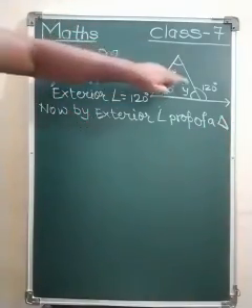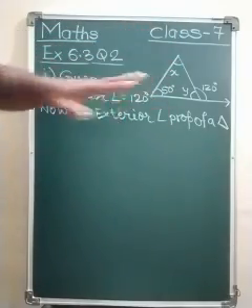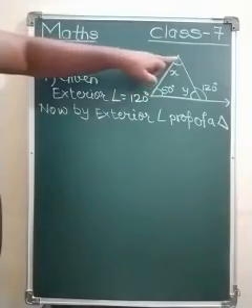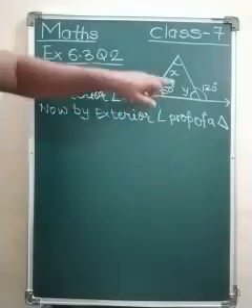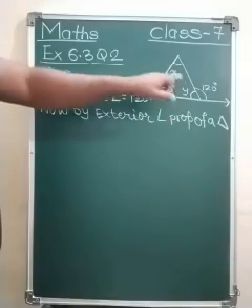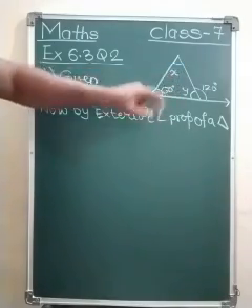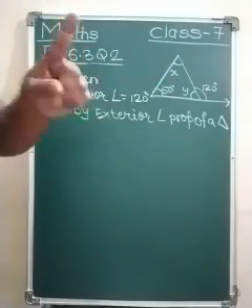If we want to apply the angle sum property, out of these three angles, two quantities are to be known. So either x or y is to be known. But if both x and y are unknown, then we cannot find out x and y with the angle sum property alone.